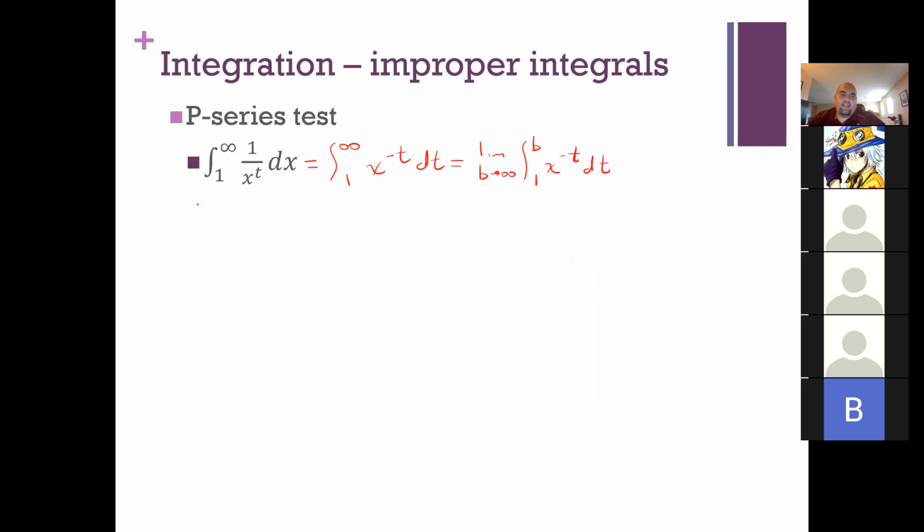Now if I take the antiderivative, I just have to carry this limit operator with me until a time when I can actually apply it. So this will be x to the negative t plus 1 over negative t plus 1, and I'm going to evaluate that from 1 to b.